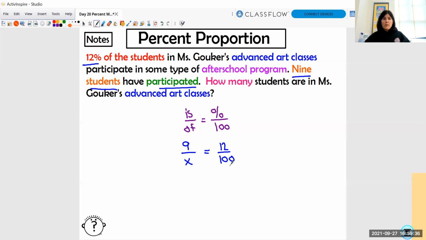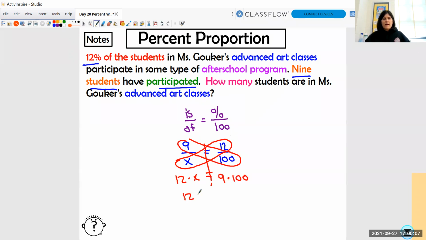So the setup of these problems is probably going to be the trickiest part, and you just need to really read and think about it. Sometimes the word is and of will be there, sometimes they won't. So you just need to do the best you can to figure it out and see if your answer makes sense. So let's start our cross multiply. I'm going to first divide my equation into 2 sides. Then I'm going to say 12 times X equals 9 times 100.